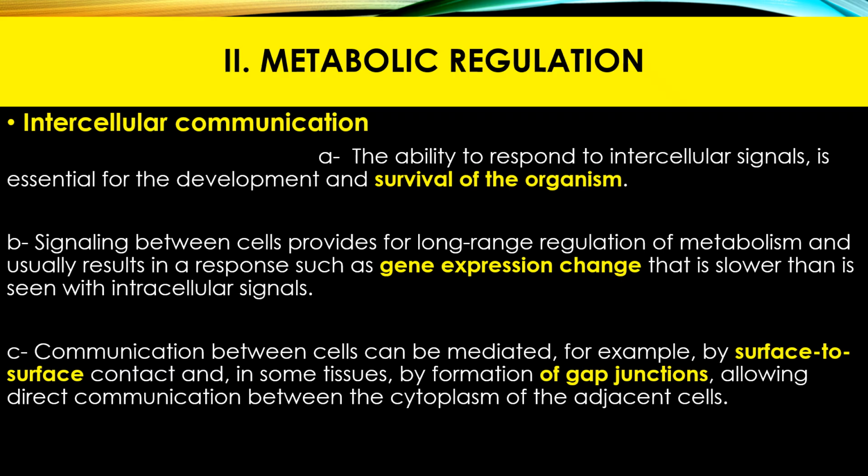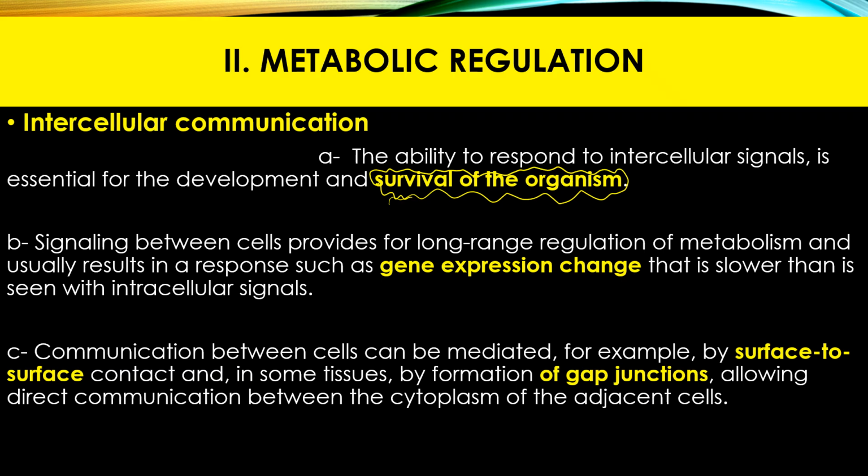The second type is the intercellular communication or between the cells. It is necessary for the survival of the organism because all the cells communicate with each other by different means, and it is essential for homeostasis and for the survival of the organism.